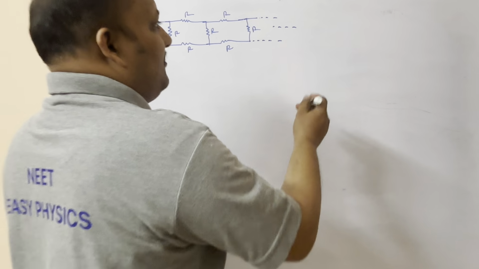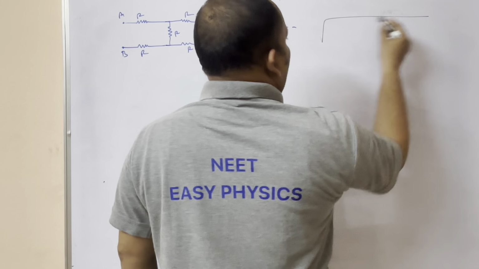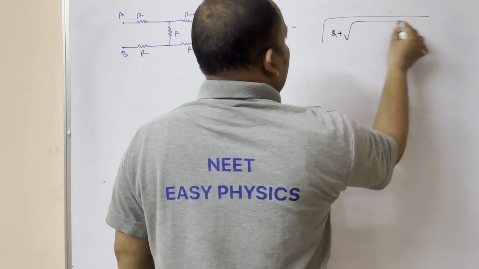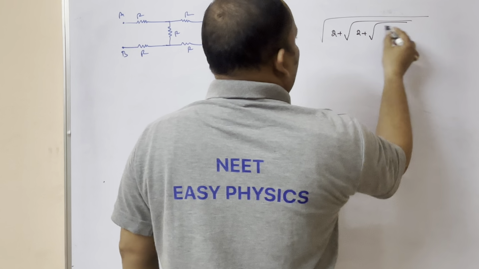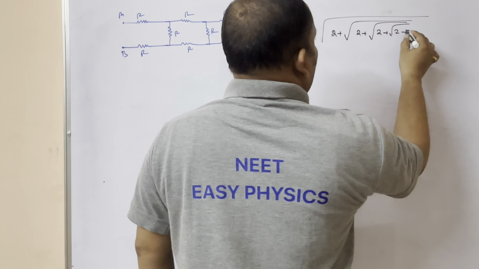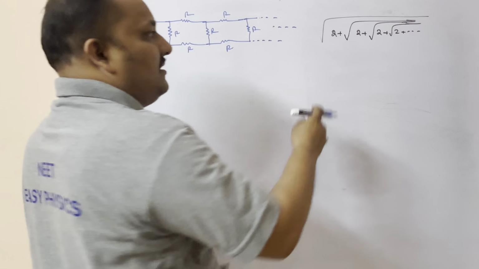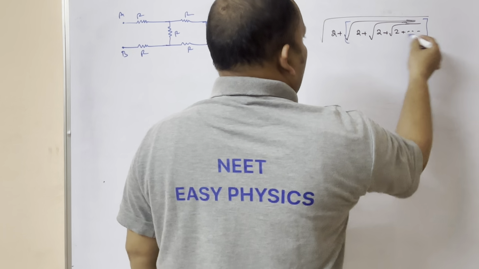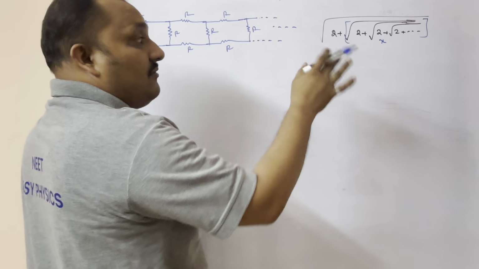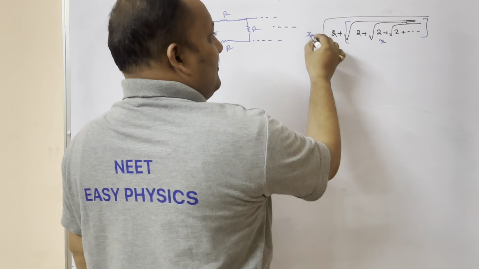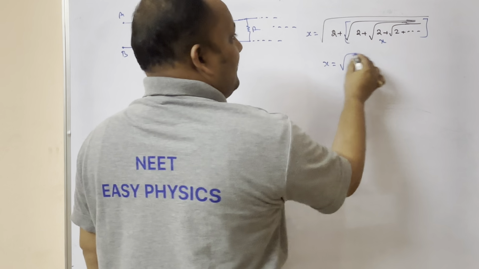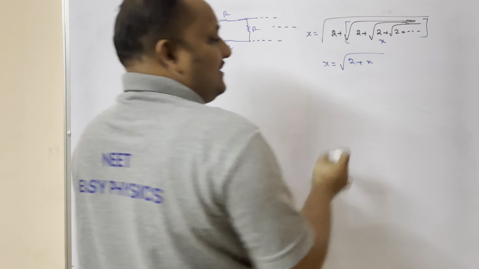In mathematics, we have this one, root of 2 plus 2 plus 2 plus 2 plus and so on. How will we solve this? We assume it as x. We have to find this x only. Therefore, we write x equal to root of 2 plus x.